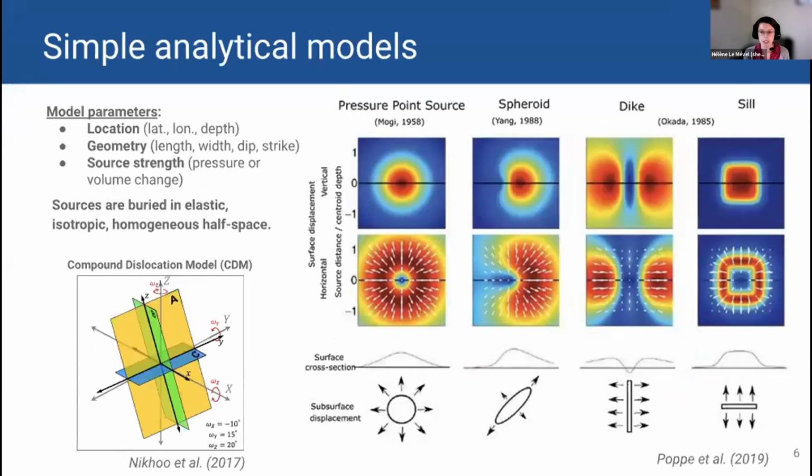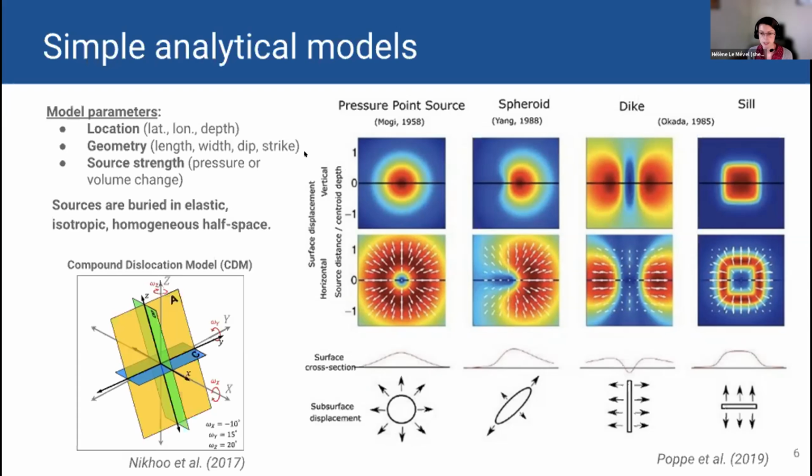Okay, so to start with, let's look at some simple analytical solutions for deformation due to sources of simple shape buried at depth. Those are widely used in volcano geodesy to estimate some key source parameters: the location and the geometry of the source and the strength of the source, so either a pressure or a volume change.